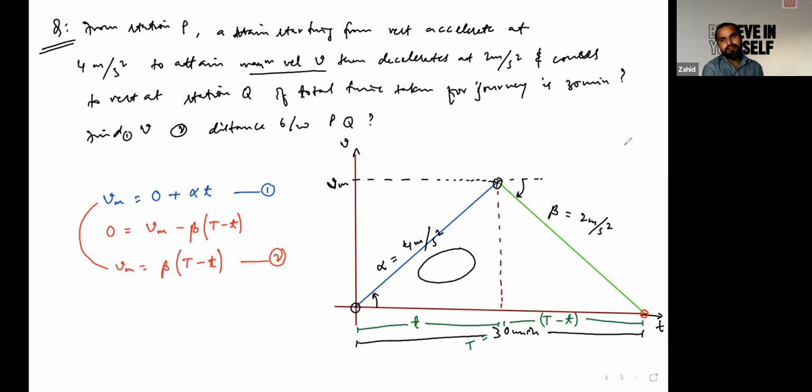T is just capital T by 3. Capital T is 30 minutes, so small t would be just 10 minutes.